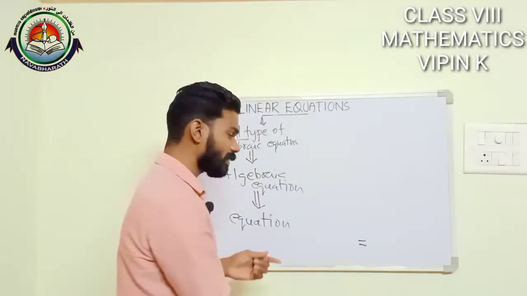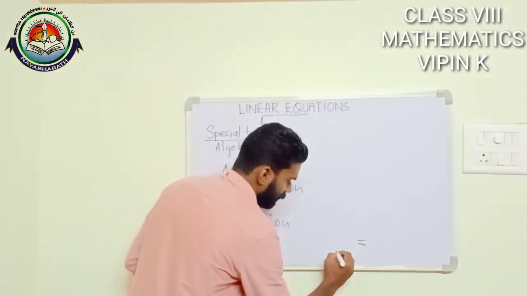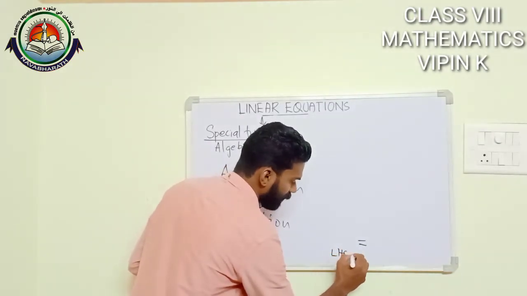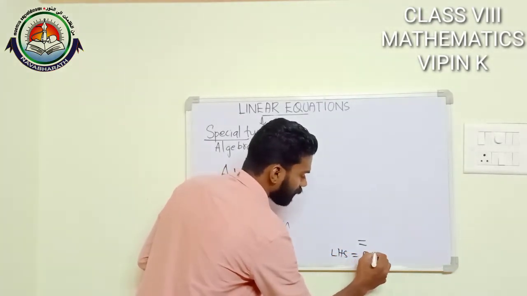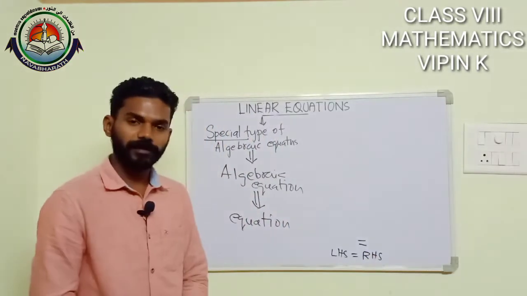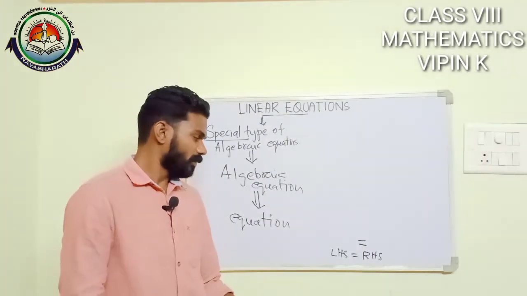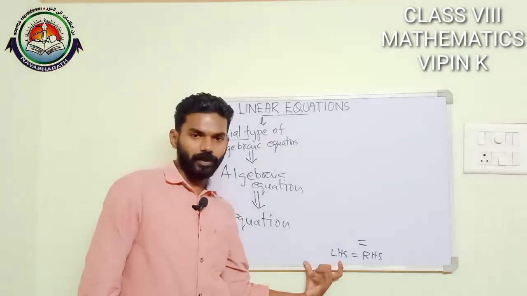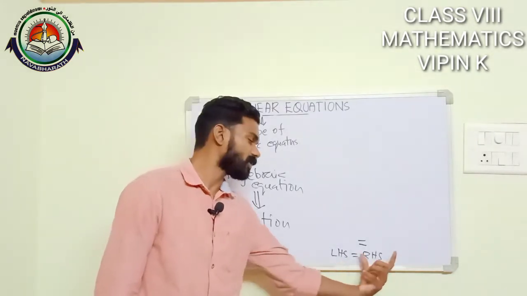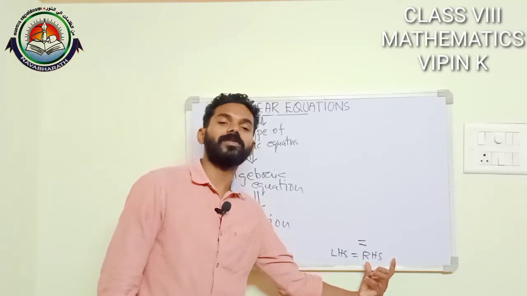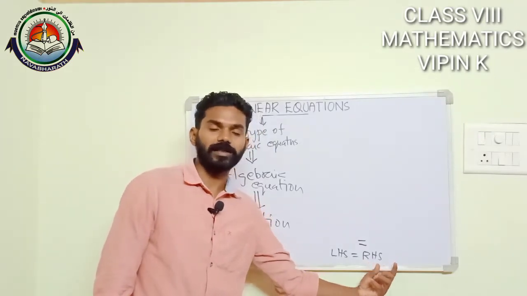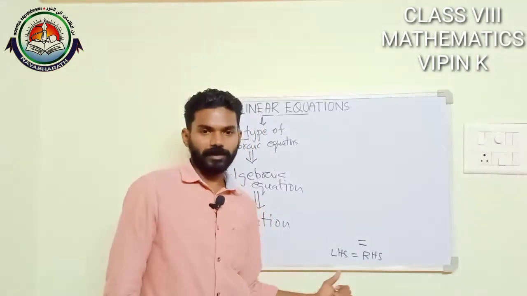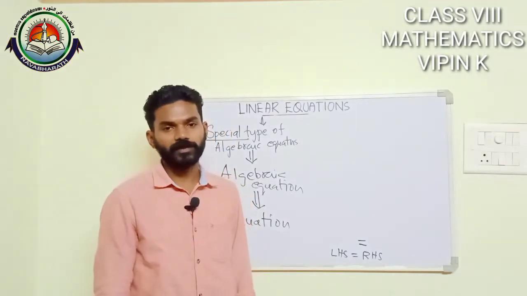An equation always says that the left hand side is equal to the right hand side, which means the complete value of the left hand side must be equal to the complete value of the right hand side. That is what is referred to as an equation.